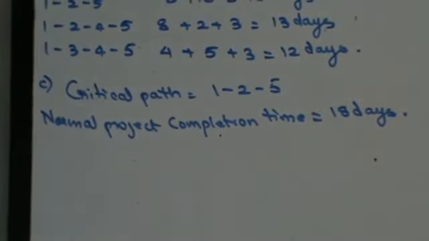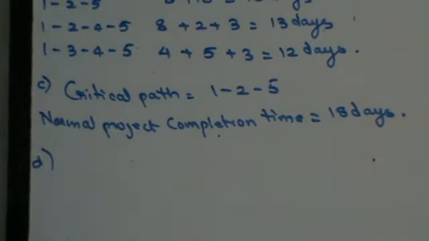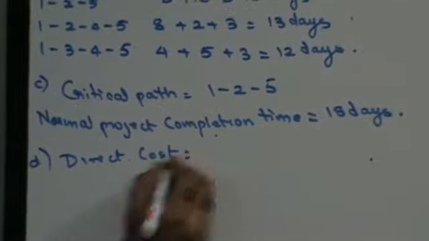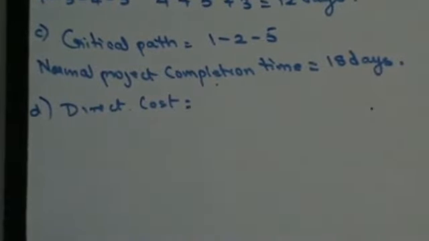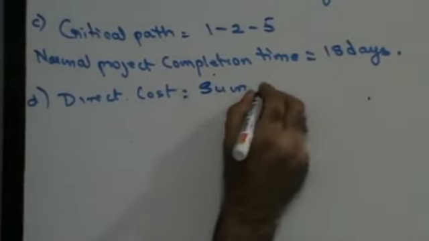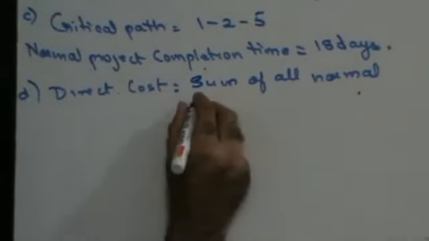Right? Once you've done this, the next thing you have to find out is direct cost. How do I find direct cost? Direct cost is the sum of all normal costs.